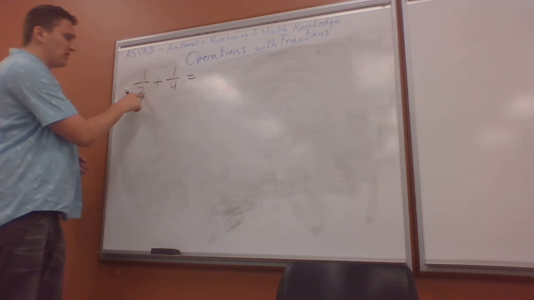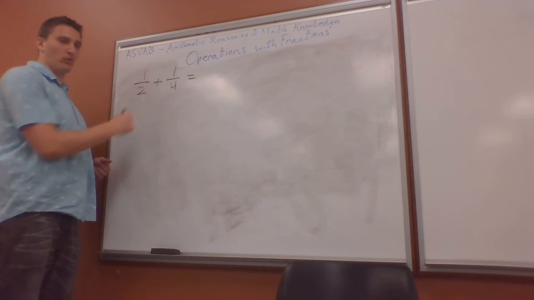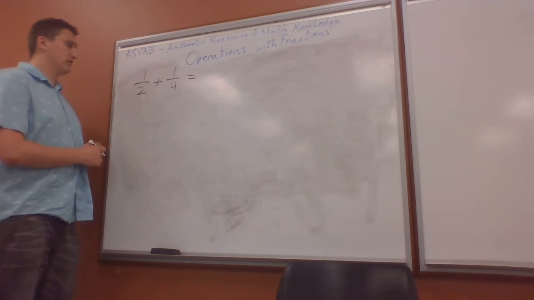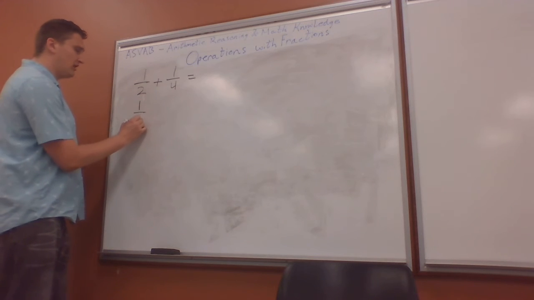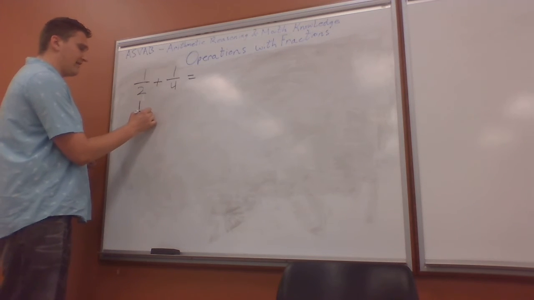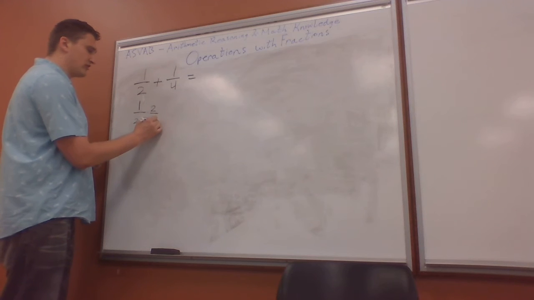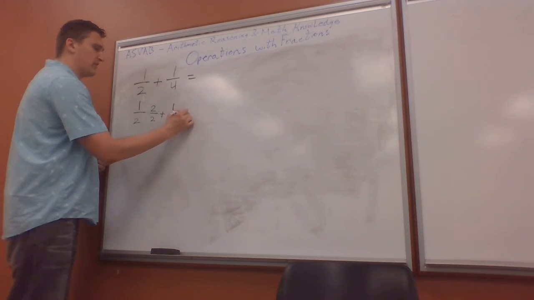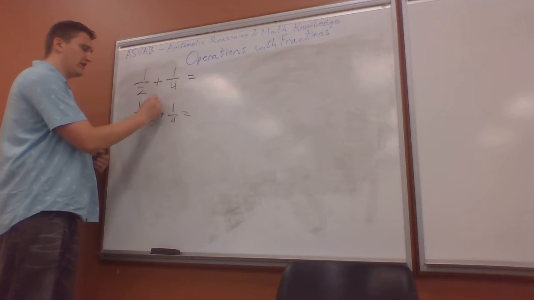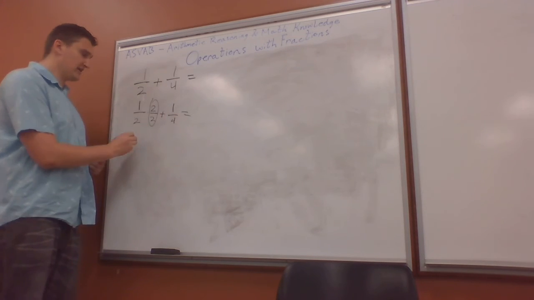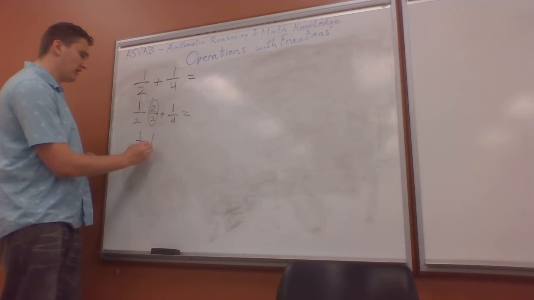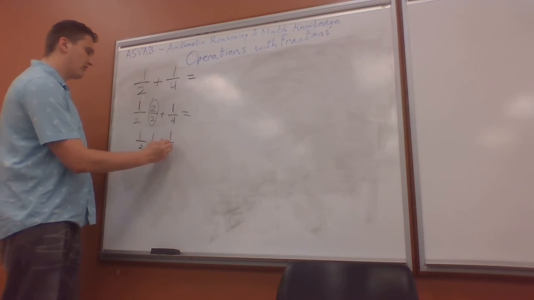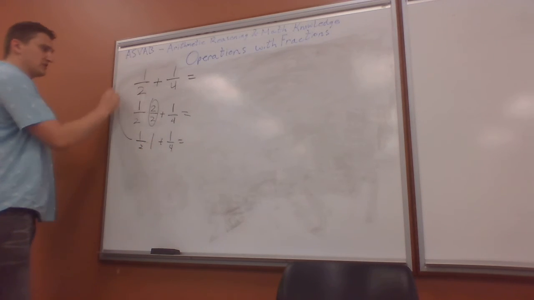Well, can I multiply 2 times a whole number to get 4? Absolutely. So here's what I'm going to do. I'm going to rewrite this as 1/2 times 2 over 2 plus 1/4. Keeping everything the same except for this part right here. Because that's the same thing as going 1/2 times 1 plus 1/4, which is essentially what we started off with.